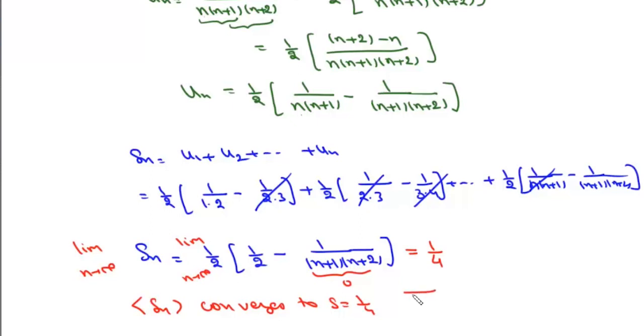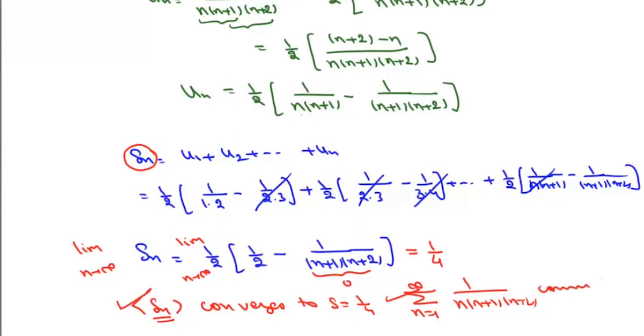And therefore, this series summation n varies from 1 to infinity 1 upon n(n+1)(n+2) is going to converge. So we can associate an infinite series with the sequence of partial sums, and we can work out convergence of the series from convergence of the sequence of partial sums.